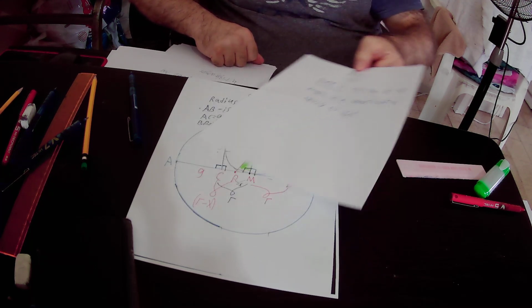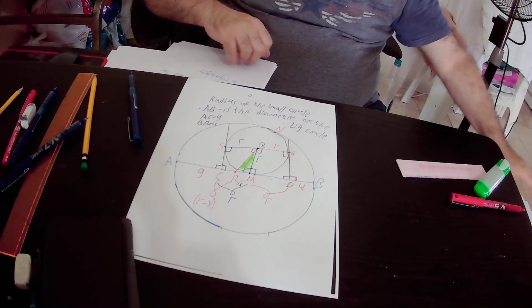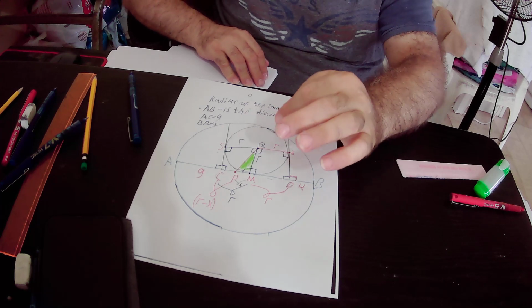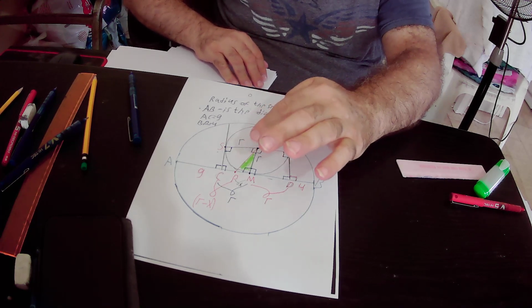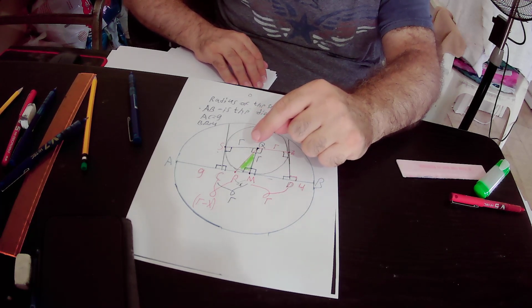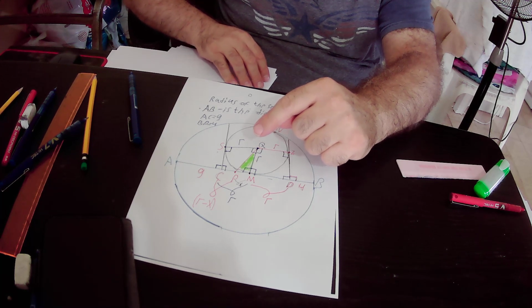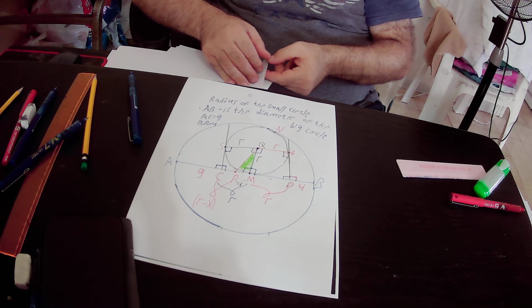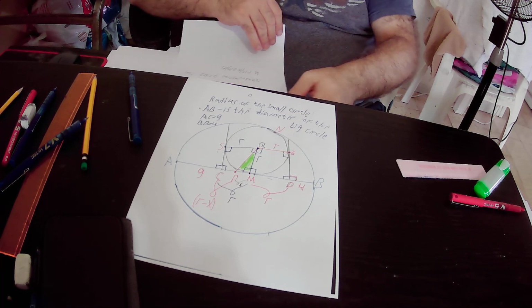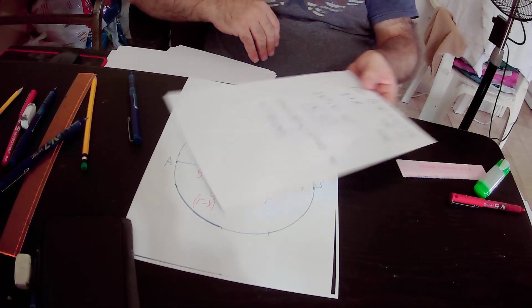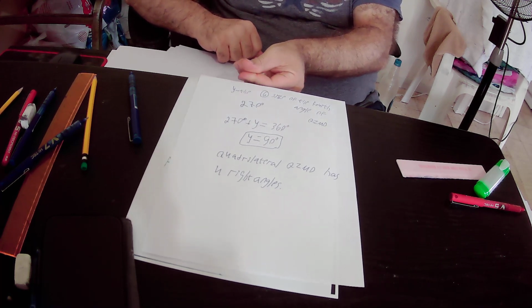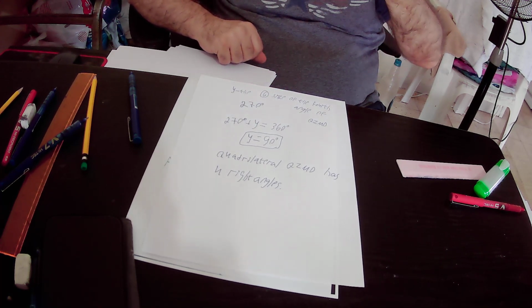Okay, so we know that the sum of the three angles inside quadrilateral QZMD equals 270 degrees, and according to rule number 2, the sum of the four angles inside the quadrilateral equals 360 degrees.